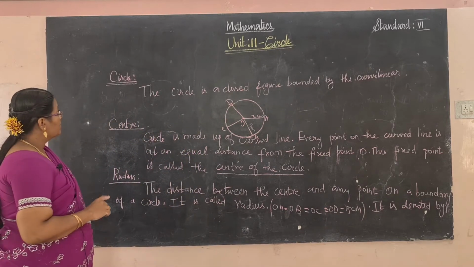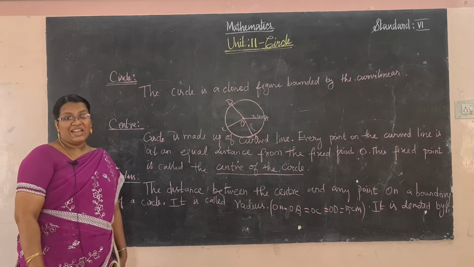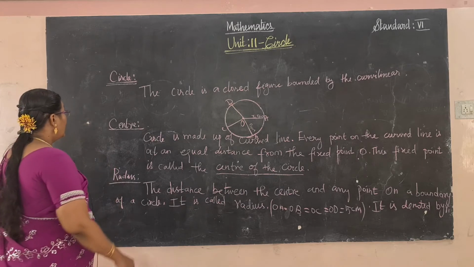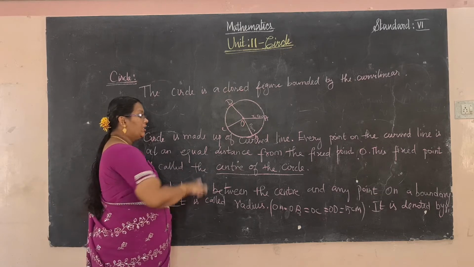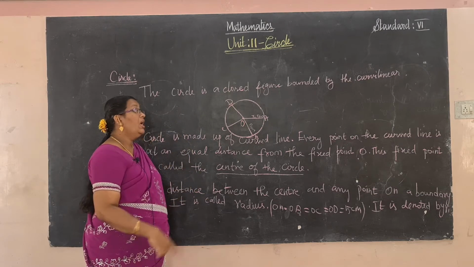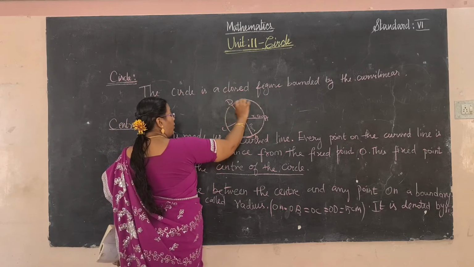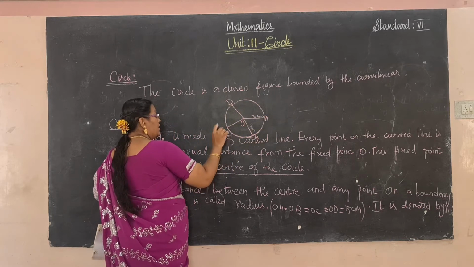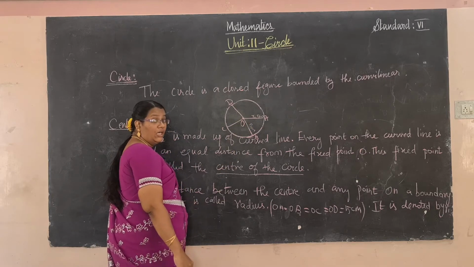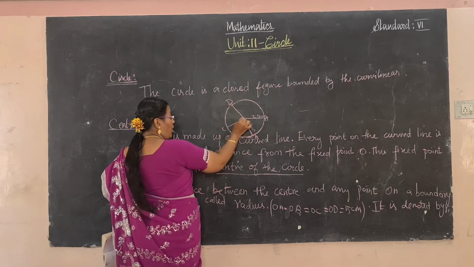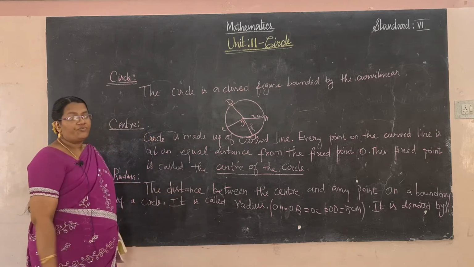Are you clear on this concept? A circle is a closed figure bounded by a curved line in a plane surface. Every point on the boundary is at an equal distance from the fixed point O. This fixed point is called the center of the circle.